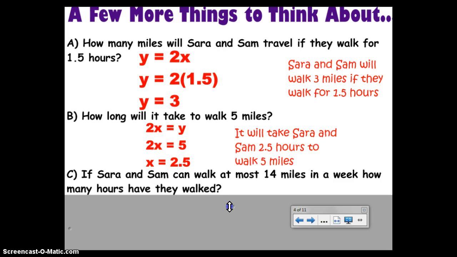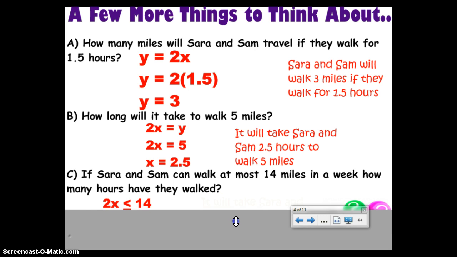If Sarah and Sam walk at most 14 miles in a week, how many hours have they walked? This time we're going to set up an inequality. Our rate of change of 2 times the number of hours they walk has to be less than or equal to 14, because 14 is the most miles they walked.